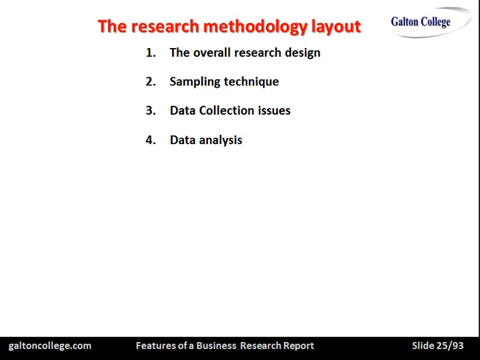So the data analysis may be very straightforward, or it may be highly sophisticated. Again, it depends on the nature of the research. But it's important to mention the limitations and underlying assumptions of the research.